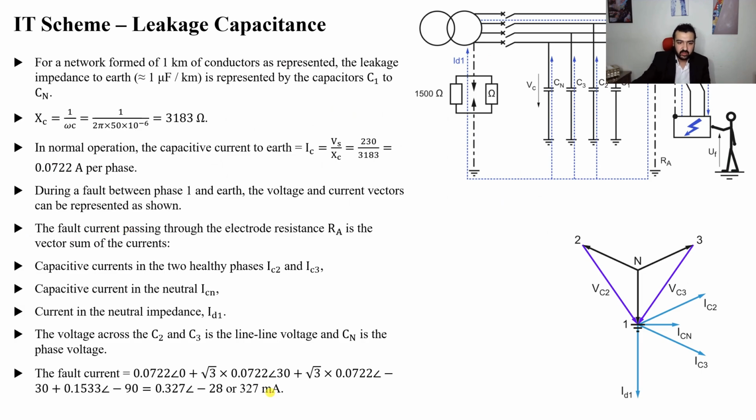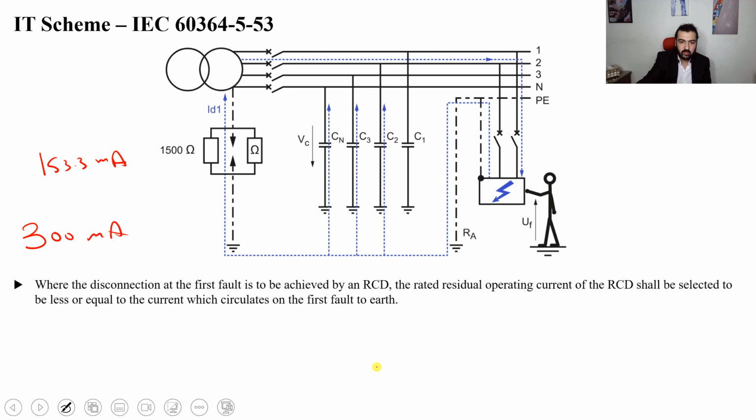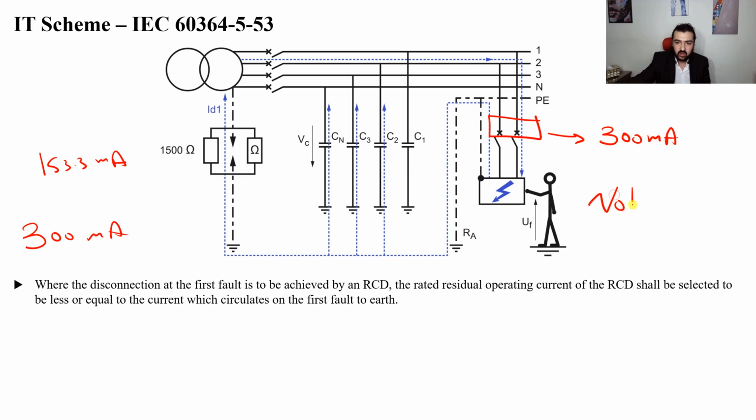This value here. So during fault, I have this value. So when I adjust my RCD, it should operate at least at 300 milliamperes, not 150 milliamperes as before. Why? Because 150 milliamperes neglects the effect of these capacitances.